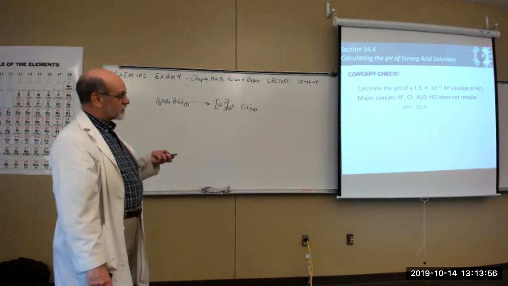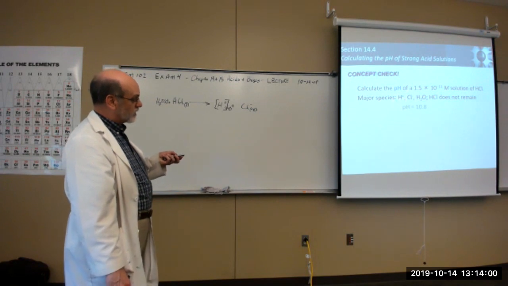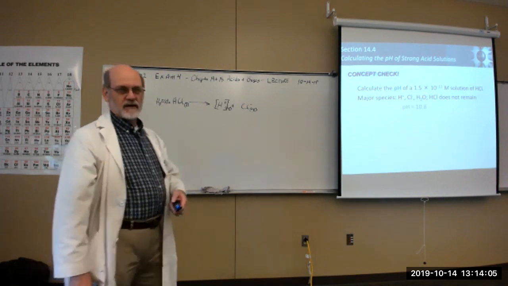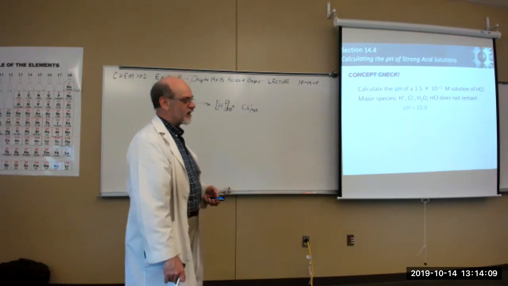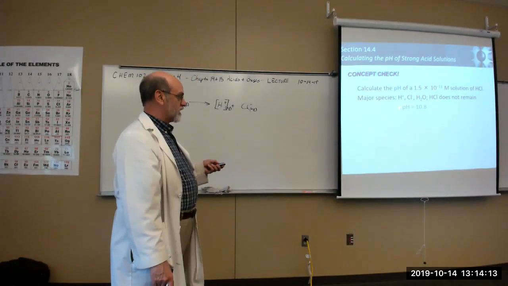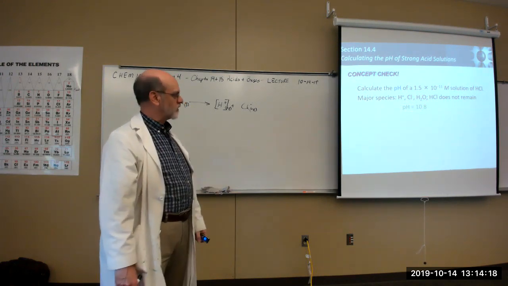And then you just take this concentration because you know that it goes to completion and gives you this concentration equal to the mother molecule, the HCl. And then you just take the negative log of that and you get a pH of 10.8. So is that an acid or a basic solution?